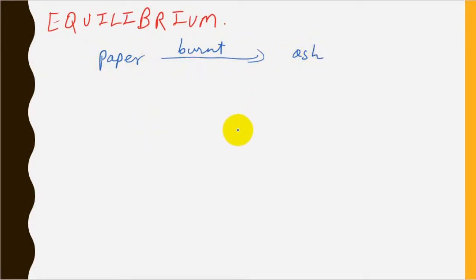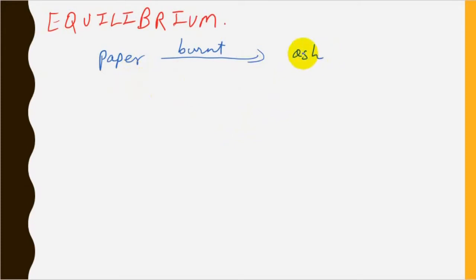It's completely converted into something else, a black colored substance, that is ash, isn't it? Paper, when you burn it, is converted into ash. This ash, can you get it back into paper? No, there's no way you can get it back into paper, isn't it?